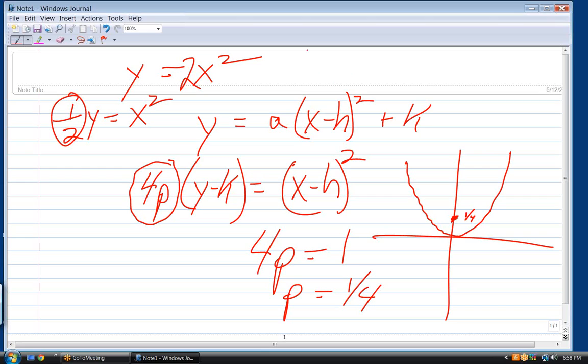In other words, you want to get it in standard format, standard format being this right here. Once you get it in standard format, then you take whatever coefficient, whether it's 1 or some other number, and you equate it to 4p.